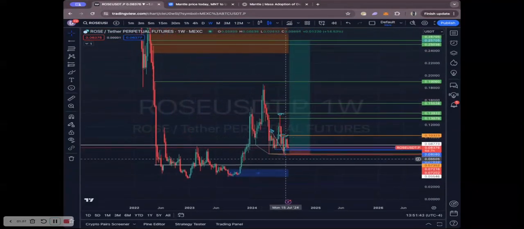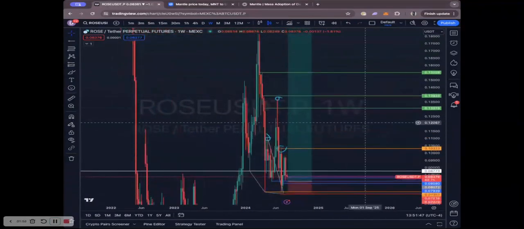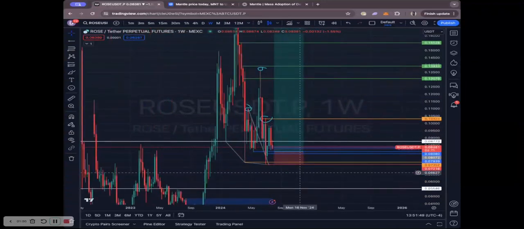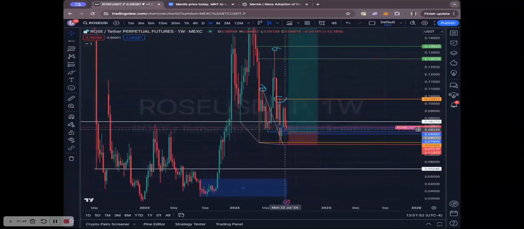Maybe a swing long. I like this range just as much as I should. It's pretty decent, but it really depends on whether or not this wick takes out a new low, right?